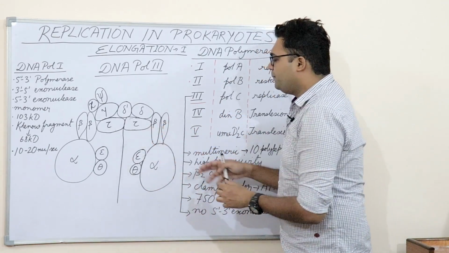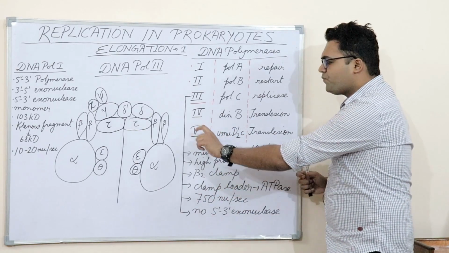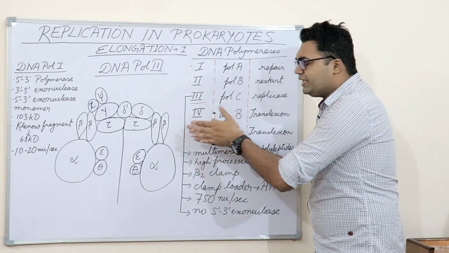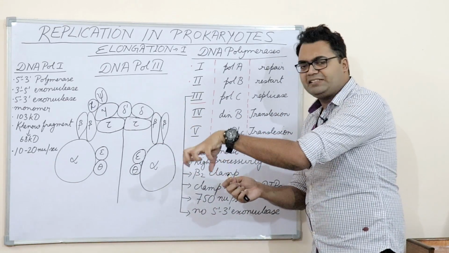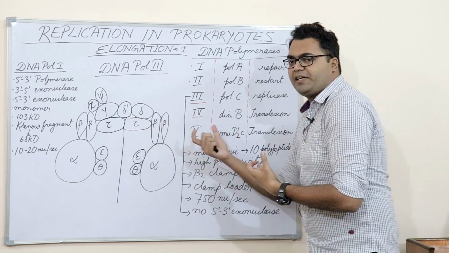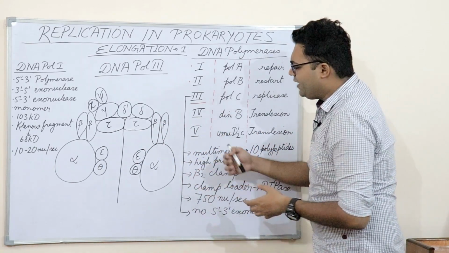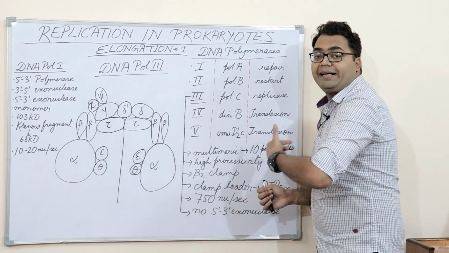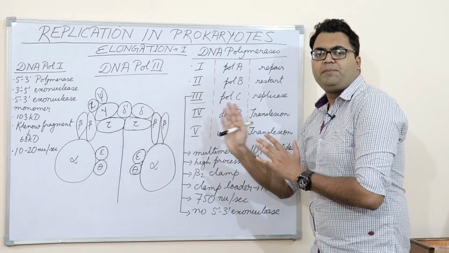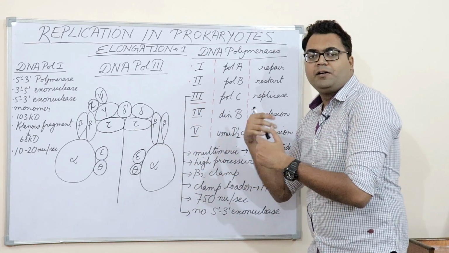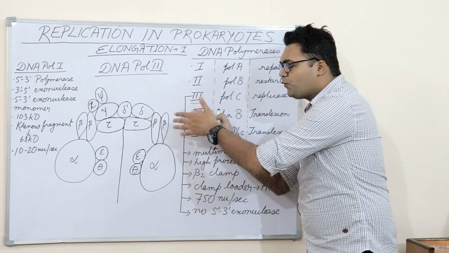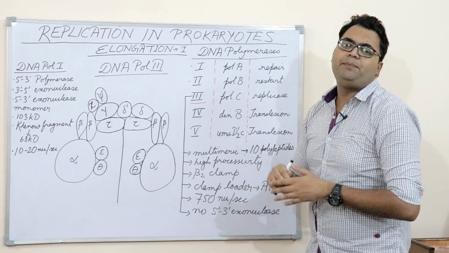Now this beta 2, because 2 beta subunits are there, that's why I've written beta 2. Beta 2 is the clamp, the part of the protein, or these are the polypeptides which hold on to the template just like a clamp. It holds on perfectly and efficiently to the substrate, that is the template DNA strand, thereby enabling the core polymerase enzyme to catalyze the SN2 nucleophilic transferase reactions in order to keep the dNTPs added, in order to cause the phosphodiester bond forming without the dissociation or falling off of the core polymerase from the template strand.